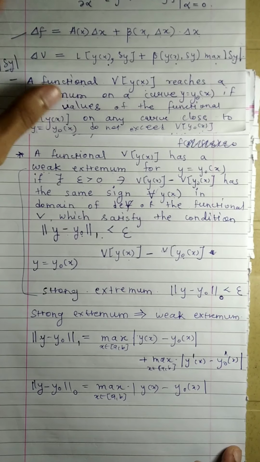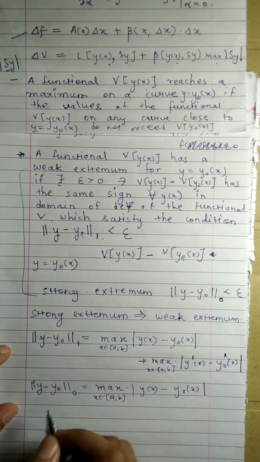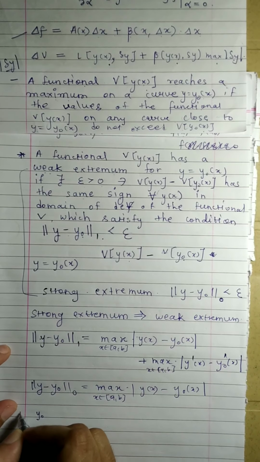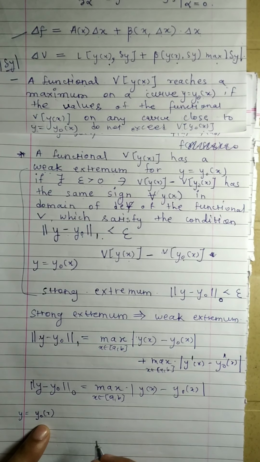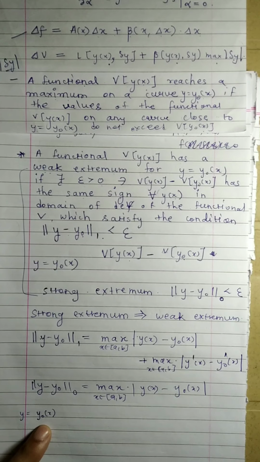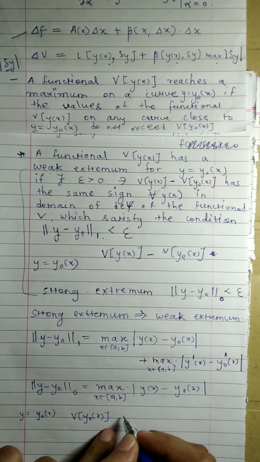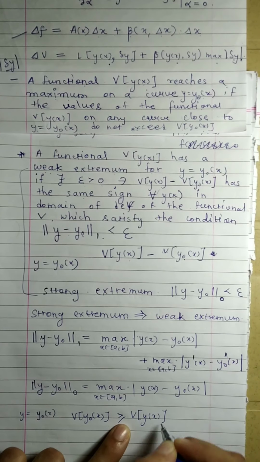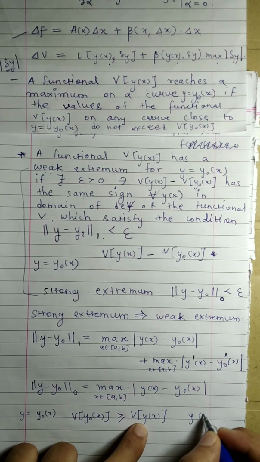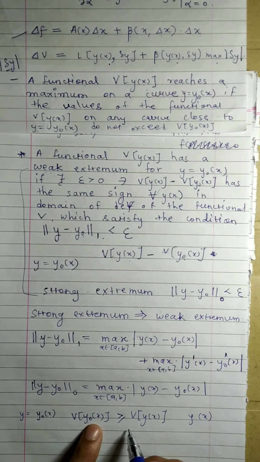Now the claim is, suppose at y equal to y naught of x, v[y(x)] has a strong extremum. That means v[y naught of x] is greater than or equal to v[y(x)] for all the y of x for which it is a strong extremum, and I have considered a maximum.